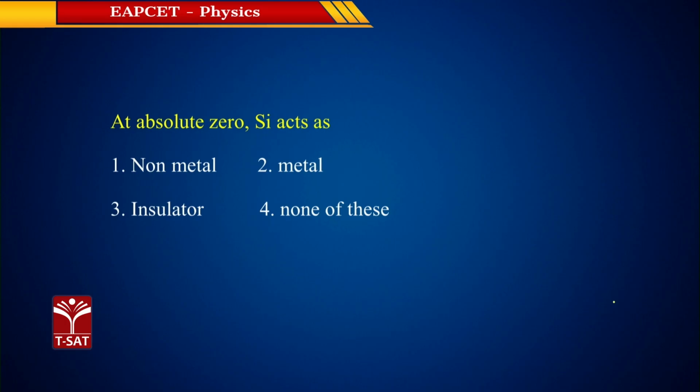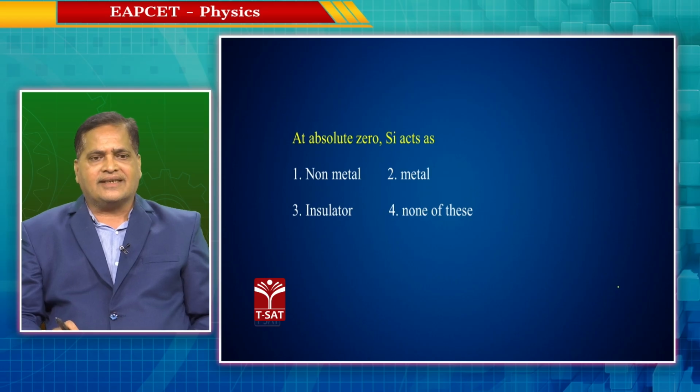Silicon acts as a... see children, the substances, according to the flow of electrons, are classified into three types: conductor, insulator and semiconductor. In conductors, electrons easily travel from one place to another place.